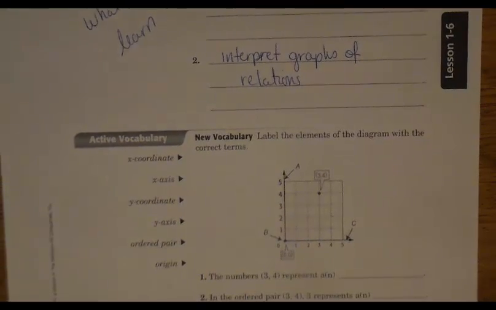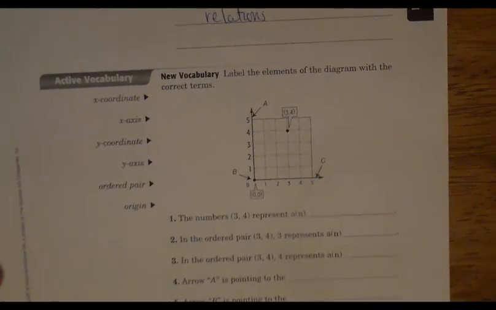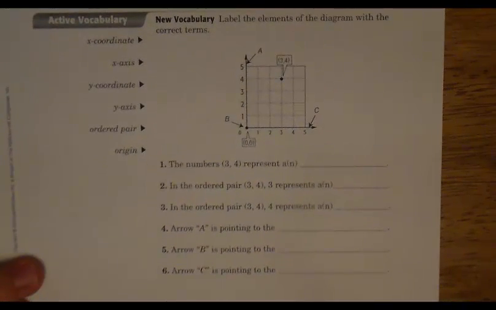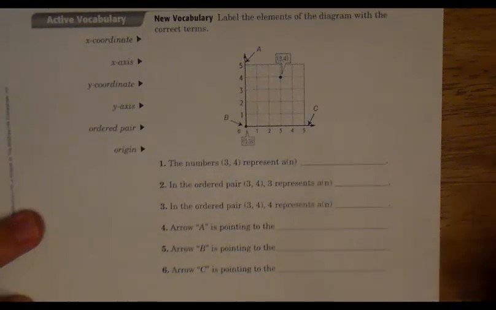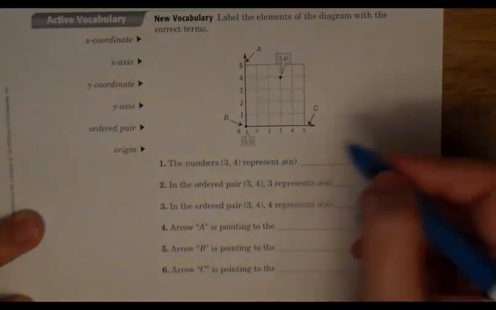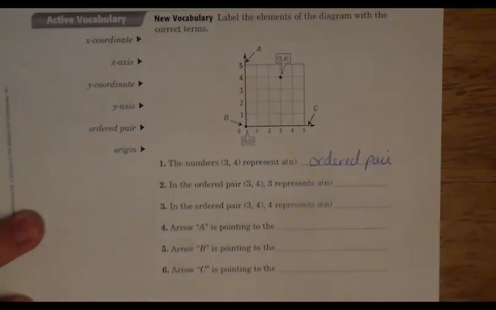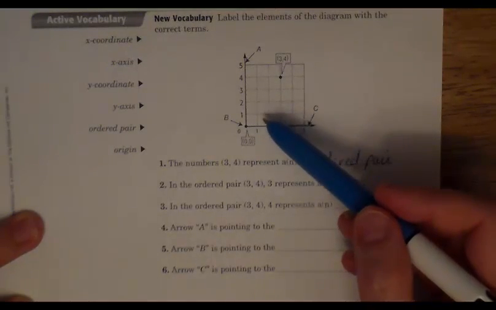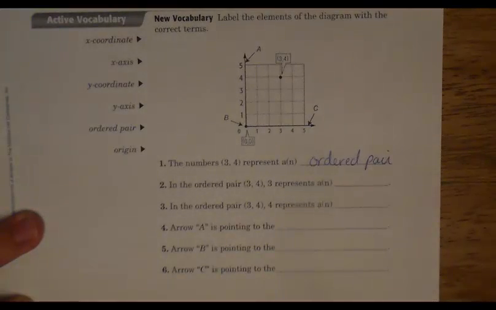We have some vocabulary, and we're going to use this vocabulary to fill in the blanks. Okay, the numbers 3 and 4 represent an ordered pair. Now, an ordered pair is just a location on a graph.